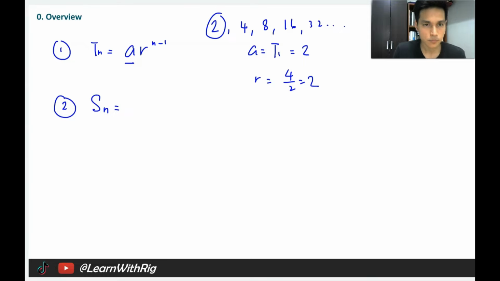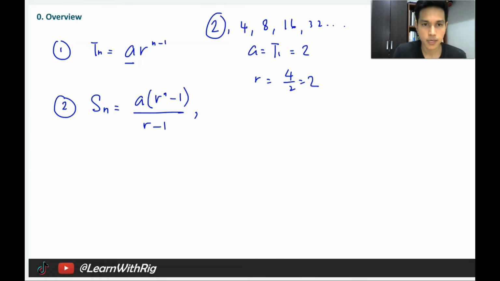Next, you have the sum of terms, Sn. For geometric progression, you have 2 formulas for Sn. The first formula is A times R to the power n minus 1, over R minus 1.